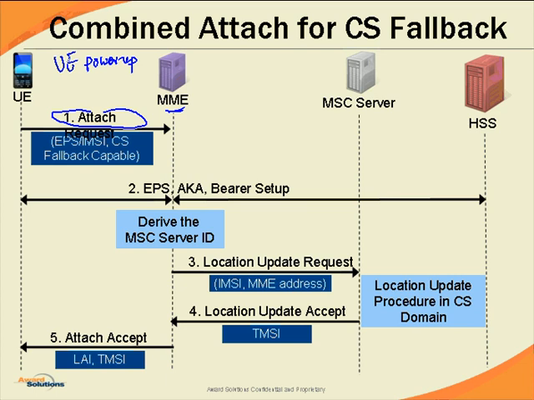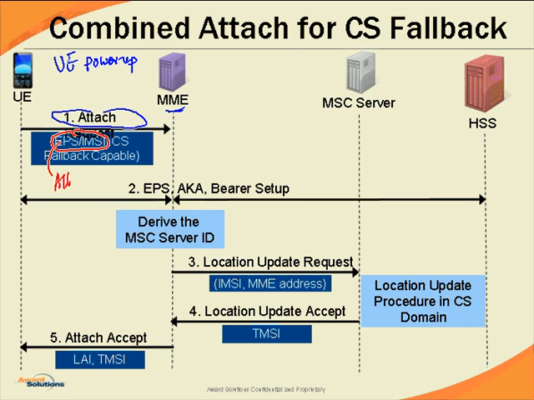Normally, if there is no CS fallback, the attach type is just the initial attach, a regular initial attach. However, here we have a UE capable of CS fallback, so it is a combined attach, and it says EPS in the attach.